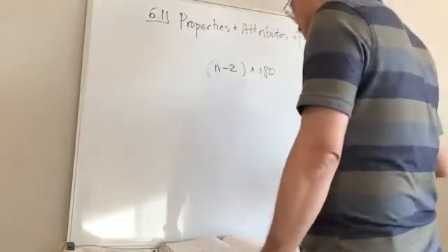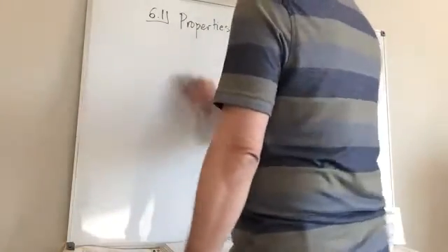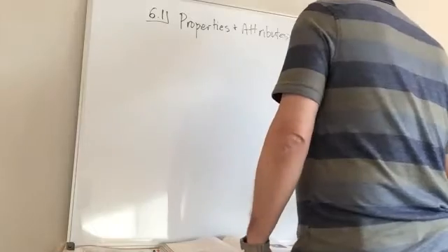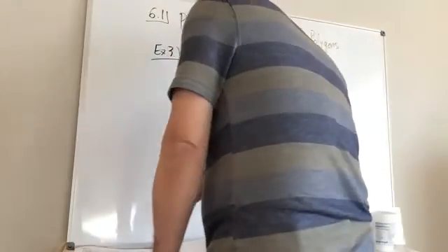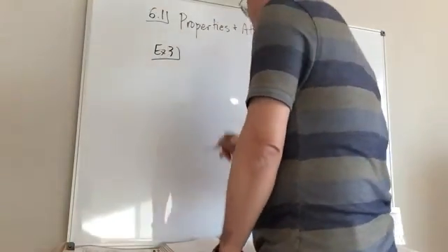Flip the page, go to example number 3. A, find the sum of the interior angle measures of a convex octagon.